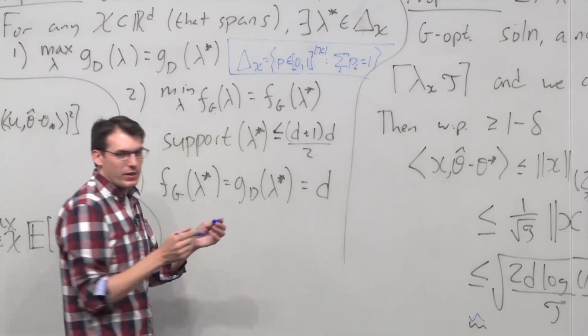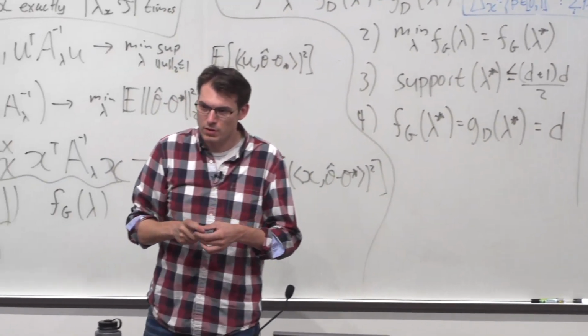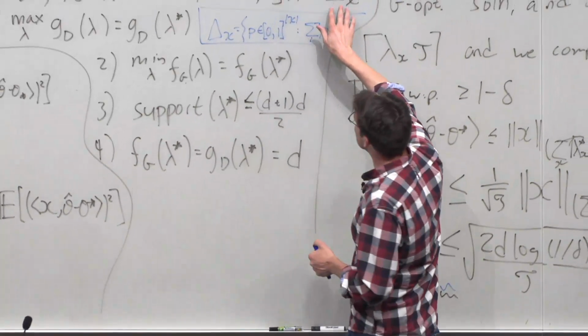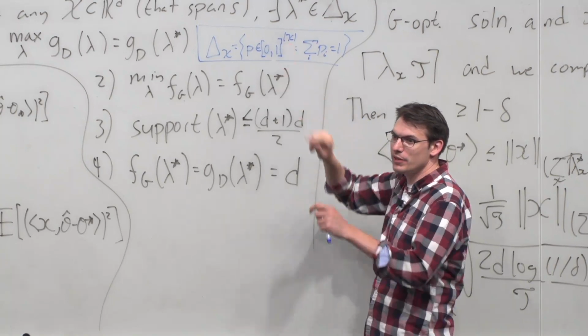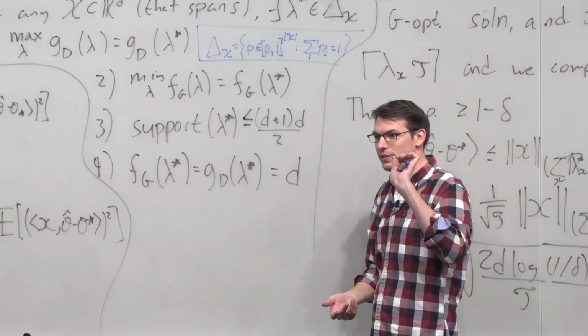It's the space of probability vectors. It's the simplest. That lambda star is not an R^d, is that right? No, it's not an R^d. It has dimension the same size as the number of vectors in X. It's a probability distribution over your x's.